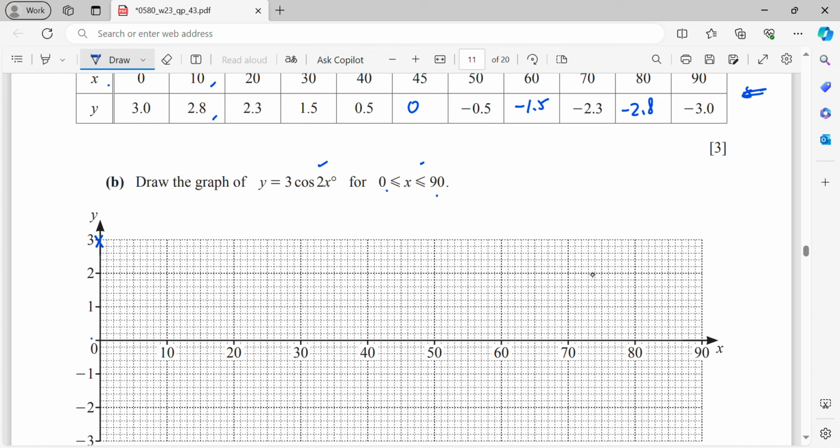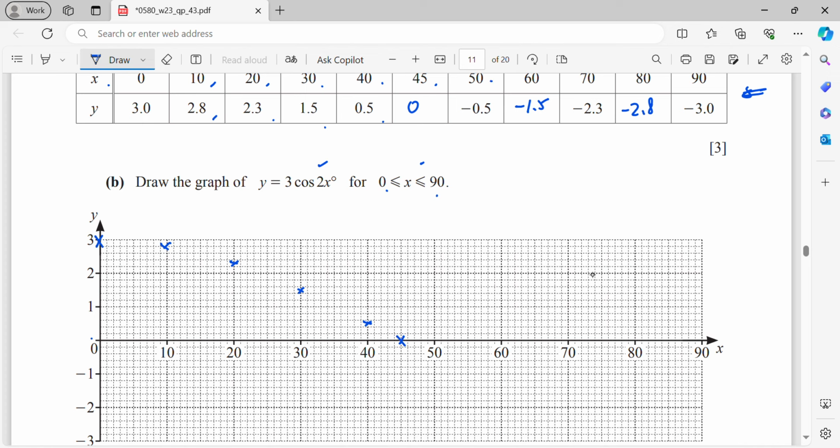So here I will get 4 squares. 20 is 2.3. Alright, so 30, 1.5. This is in the middle. After that, 40 is 0.5. So 2.5 squares.